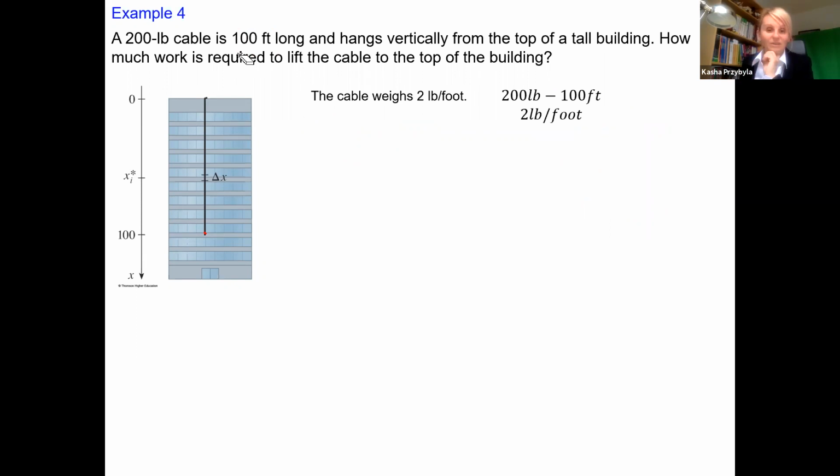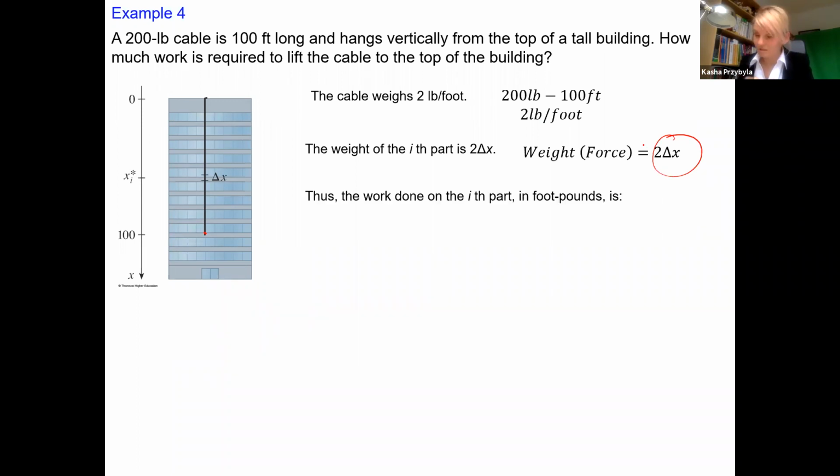We are okay with this? 2 pounds per foot. Since we're trying to slice it and find the force for every single part of that cable, it will be 2 times that distance. 2 pounds per foot, per that distance.